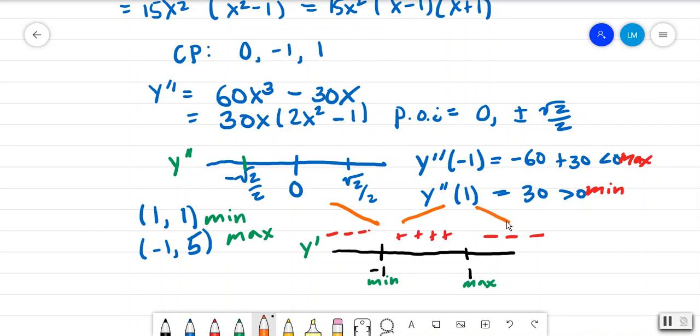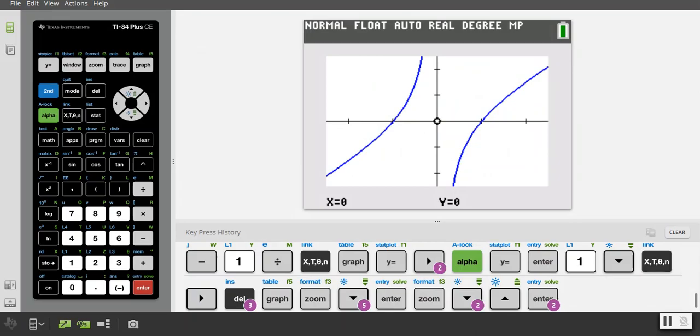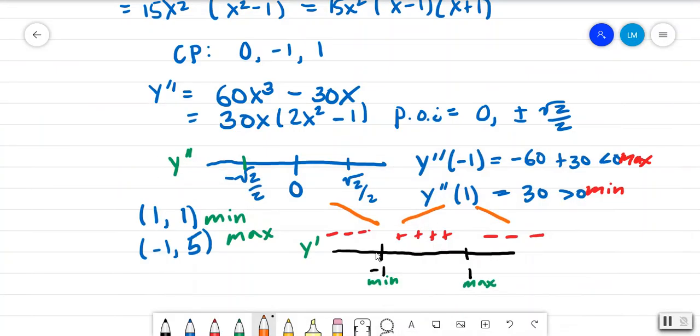So I already have an idea of how the graph should look, which is what we figured out over here. It does look a little different though. Oh, I think I wrote that backwards.